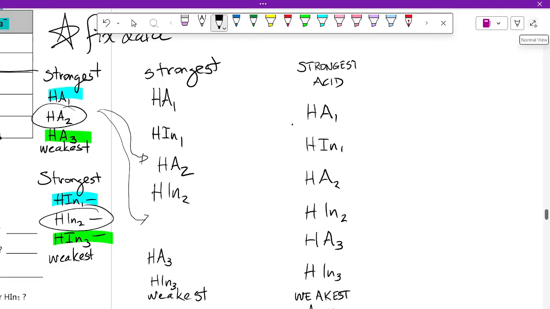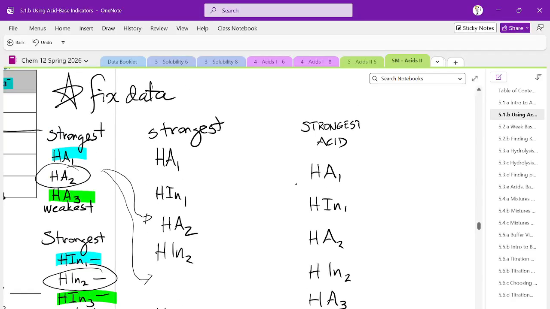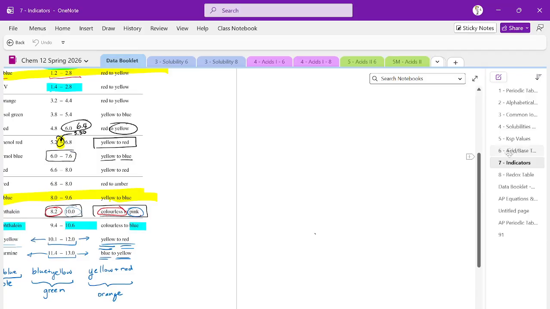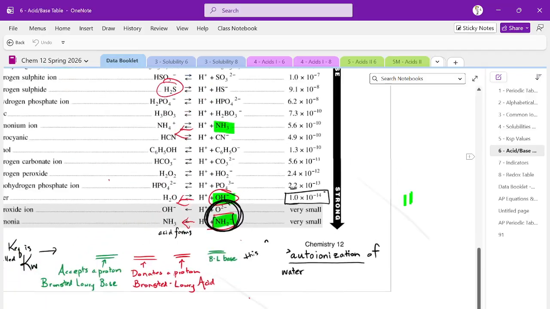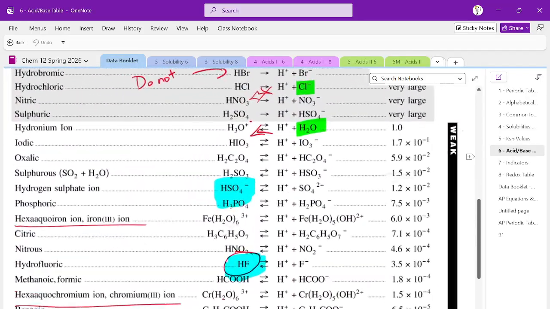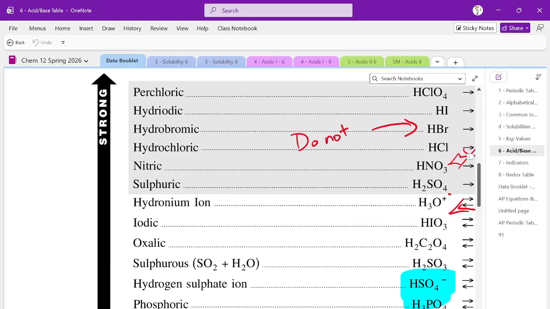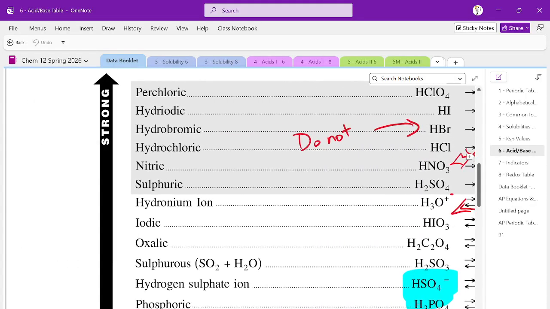If we look at our data table, does it just look like a list of acids, strongest to weakest, or is there more? There's more.